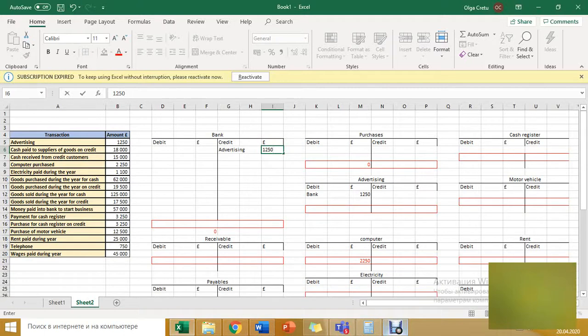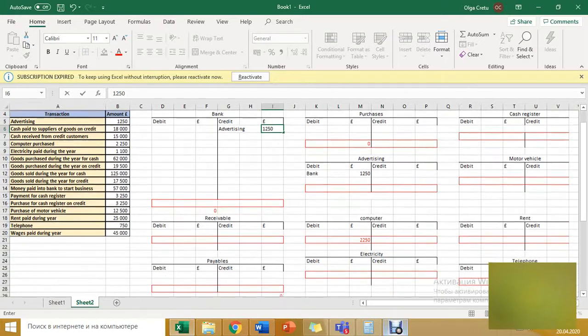Now, you must ask yourself what exactly these accounts are called: purchases, receivables, and so on and so forth, right? So for you to understand, some of the assets are going to go under the receivable account. For example, the sales on credit are passed through the receivables account, right? And they're going to go on the debit side and are going to be posted under receivables.